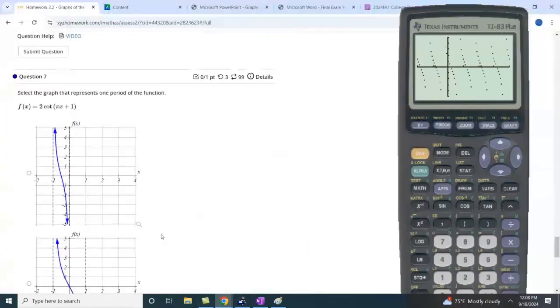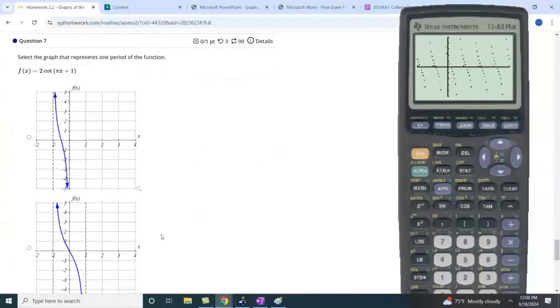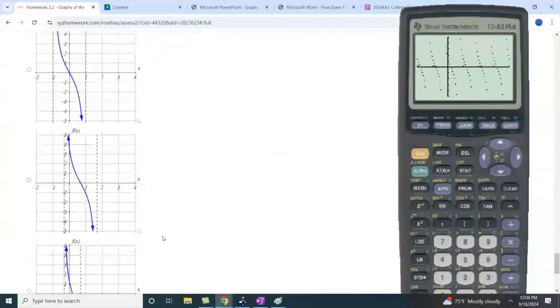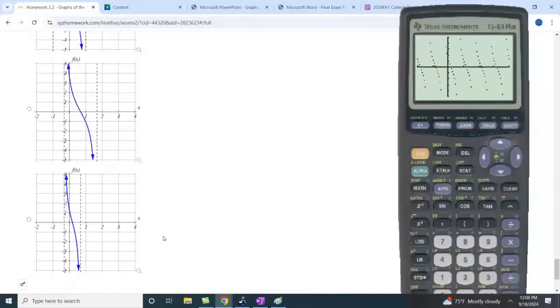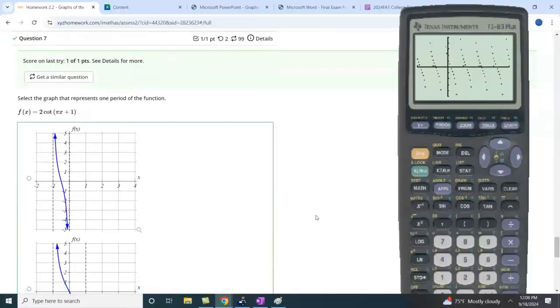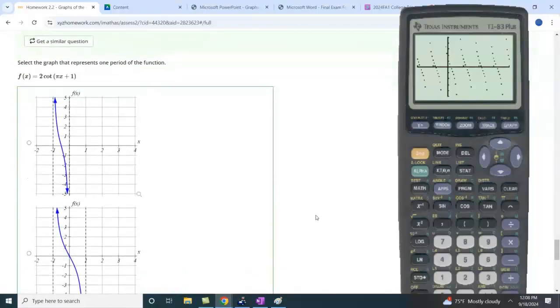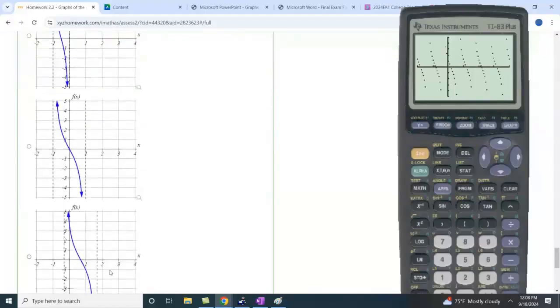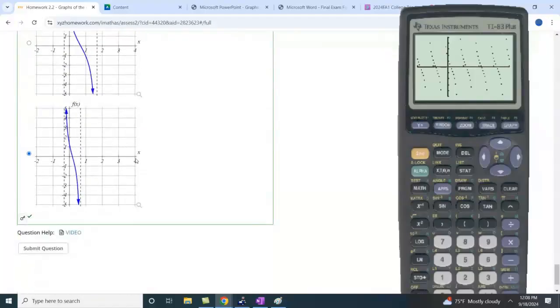All right, so when we graph, I believe this one's going to be D. For this one, I looked at what was close to the origin, and it looked like that was D. So sometimes they may be missing parts of the graph, so keep that in mind.